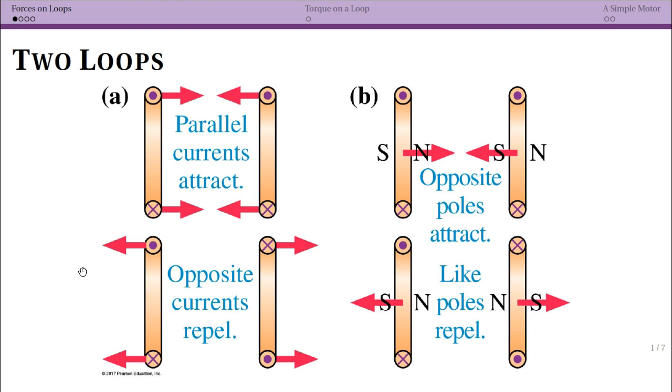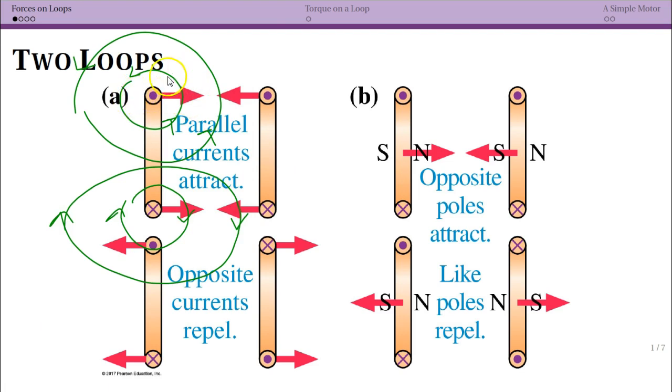Another way you can think through this is the magnetic field. Now, this is a little bit tricky because we know that the magnetic field of loops makes some kind of complicated shapes. But let's try to draw the magnetic field from this left loop and understand what's happening at the right loop. I've used my right hand rule to just sketch really basically what the magnetic field is doing around each of these.